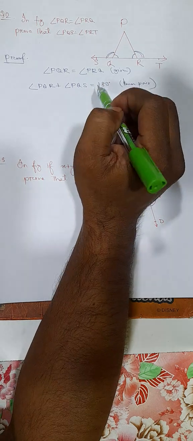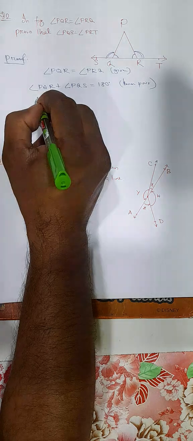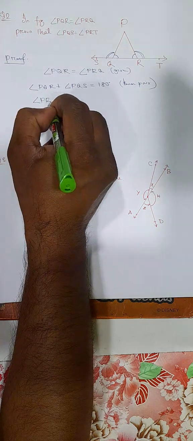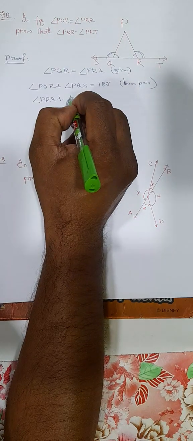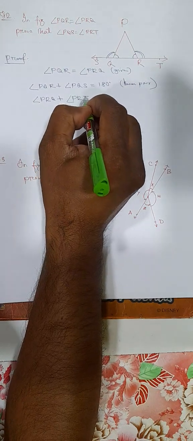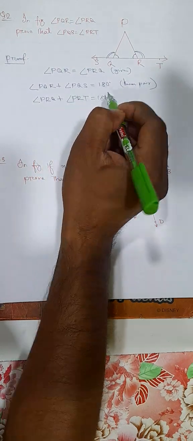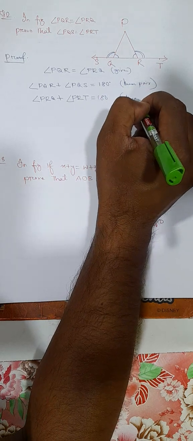This angle plus this angle is 180 degrees. Similarly, angle PRQ plus angle PRT equals 180 degrees. This is again a linear pair.